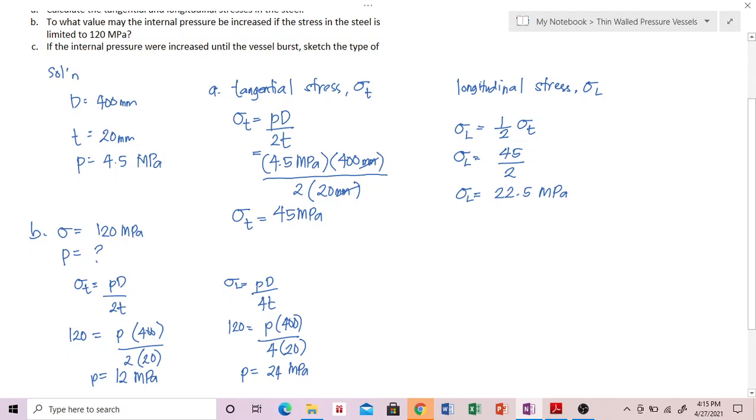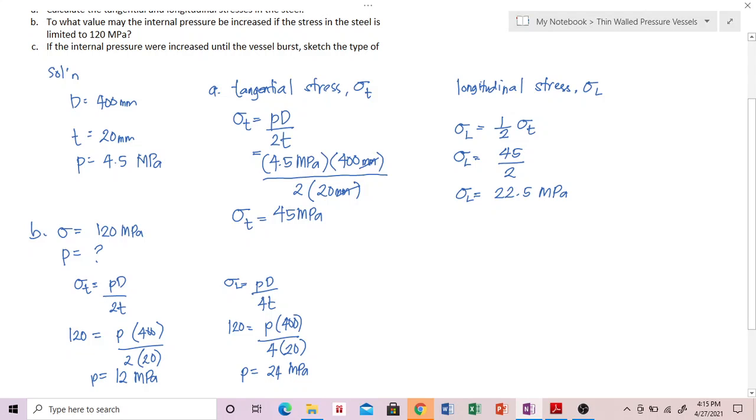Ngayon, when it comes to tangential, ang kayang i-resist ng vessel is 12 megapascal na internal pressure. Kapag naman longitudinal, ang kaya niyang i-resist na pressure ay hanggang 24 megapascal.